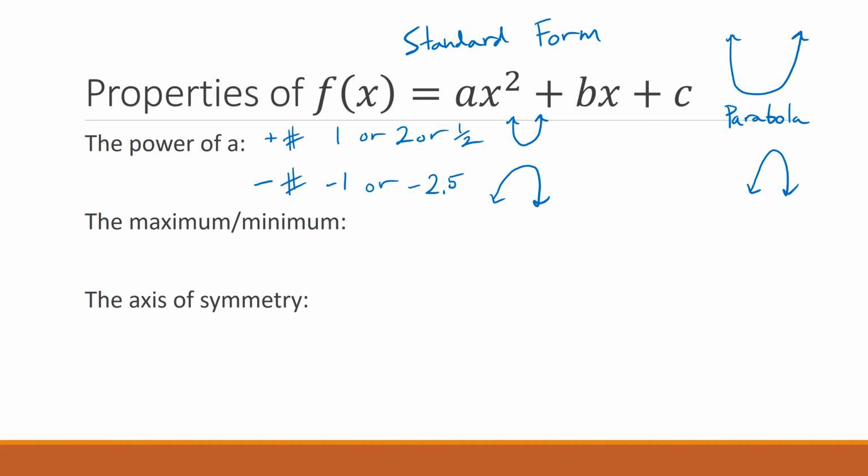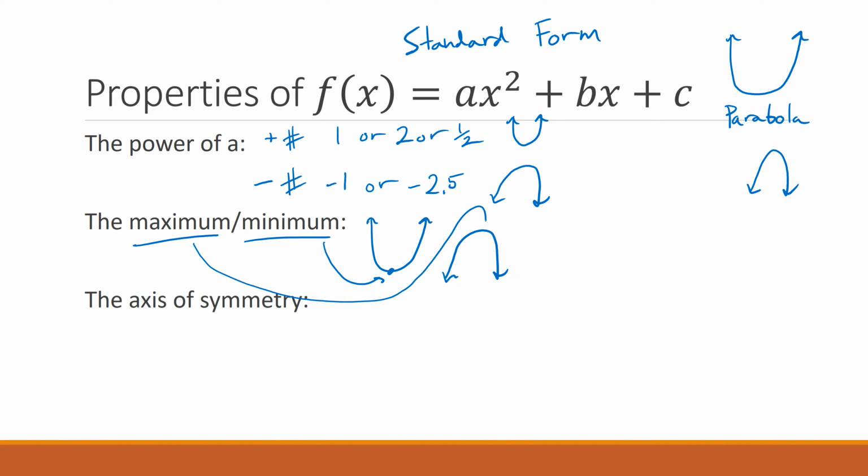Next, since the parabola is like this, it's either going to have a maximum or a minimum. And here it is a minimum, right? If we have a downward facing parabola, it would be a maximum. We call this the vertex.